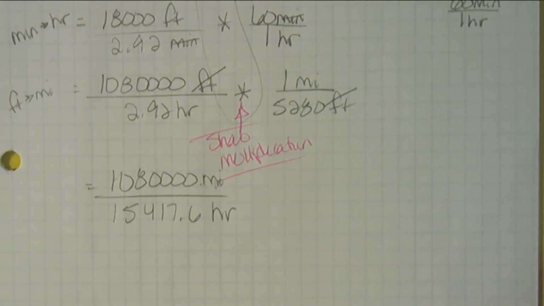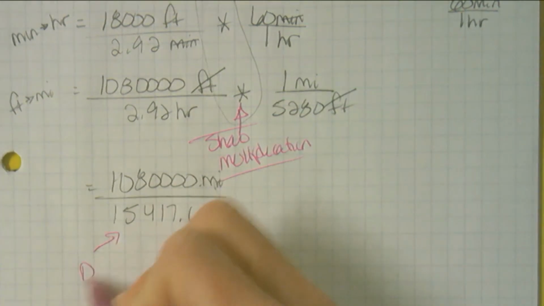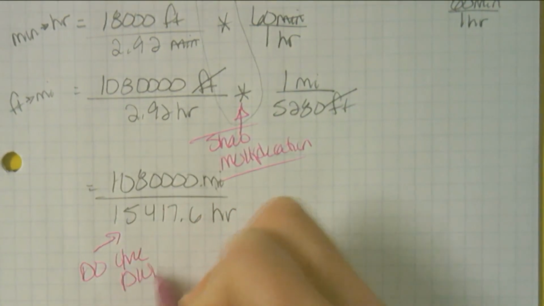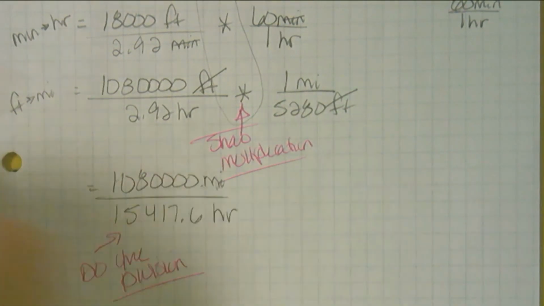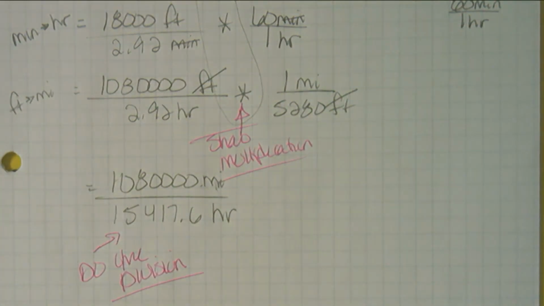Or am I done? Jacob? Yeah, do the division. Remember, I want a unit rate as my denominator. So it's 108.1234 divided by 15,417.6. Always check your numbers when you're done to make sure you put the right stuff in.